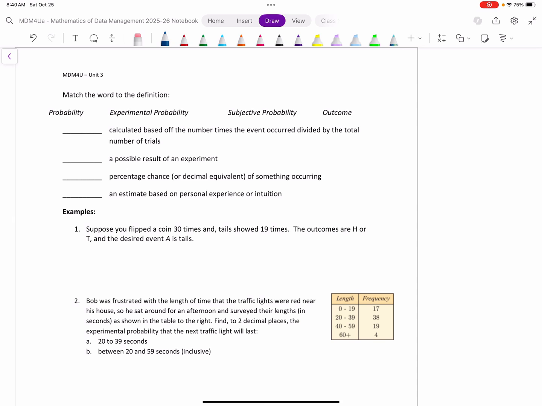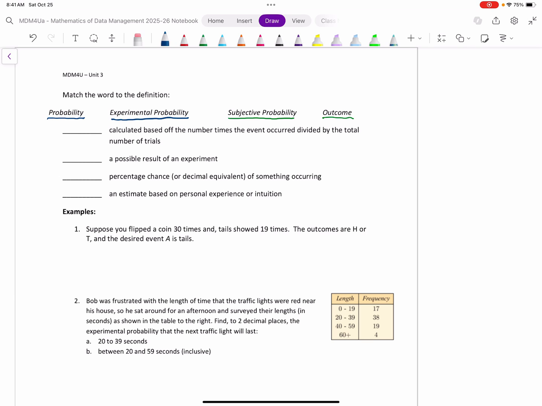So we've got regular experimental probability. We have what's called theoretical probability or just probability. There's also a couple other things called subjective probability, and then we talked about this outcome. Let's just match these things up here with their definitions. So the first one is calculated based on the number of times the event occurred divided by the total number of trials. So that's just what we talked about.